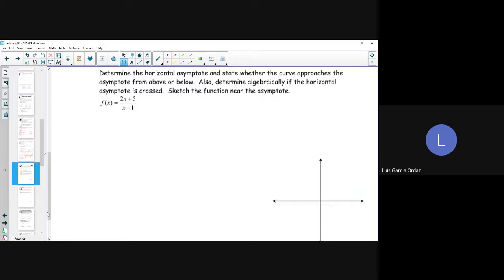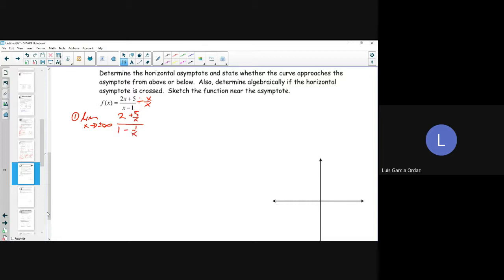So we're going to start with the same thing. My degrees in numerator and denominator are the same, which is okay. So I can divide by x over x, which means I get my limit as x approaches positive or negative infinity of 2 plus 5 over x over 1 minus 1 over x.